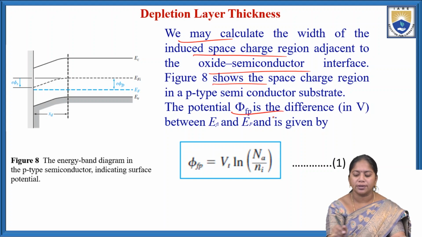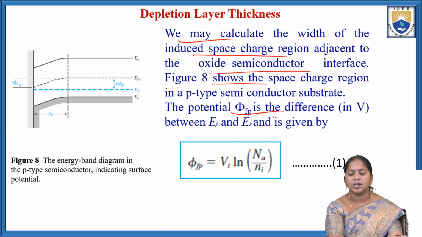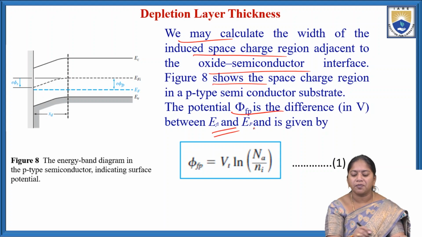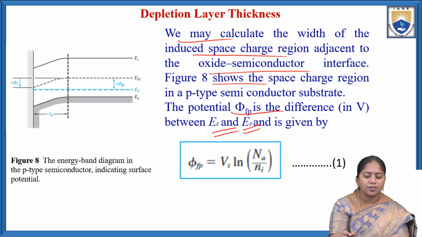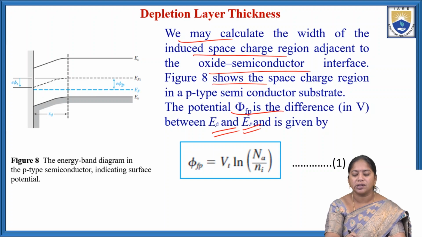The potential phi Fp is the difference, in volts, between the intrinsic Fermi level EFi and the Fermi level EF. Here is the energy band diagram in a p-type semiconductor indicating the surface potential.